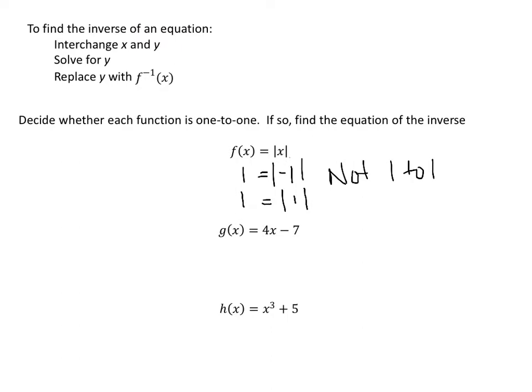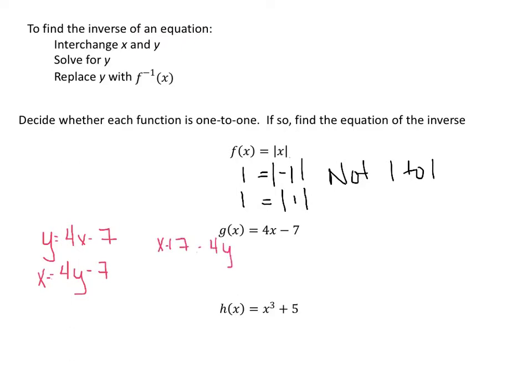So what we'll do is write this as y is equal to 4x minus 7. Now we'll switch the x and y, so make it x equals 4y minus 7. Now we solve for y. So x plus 7 is equal to 4y.